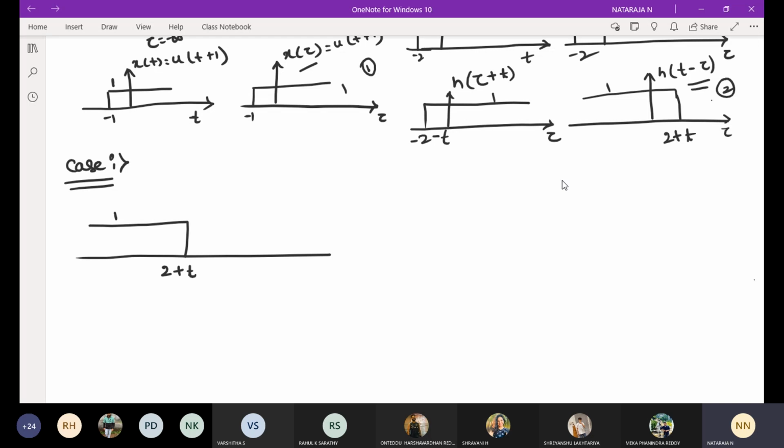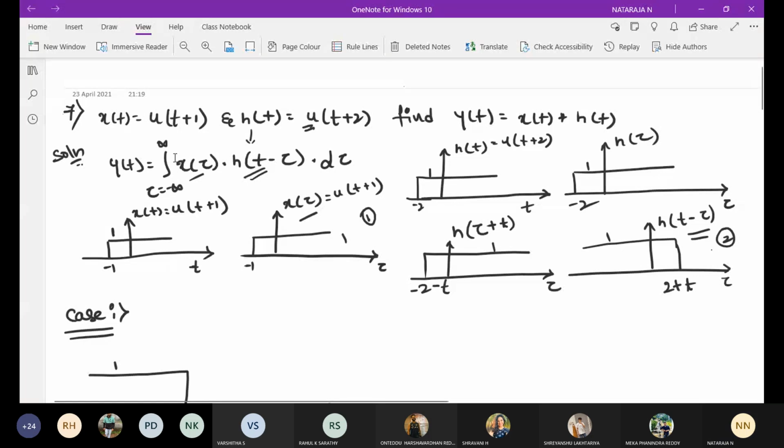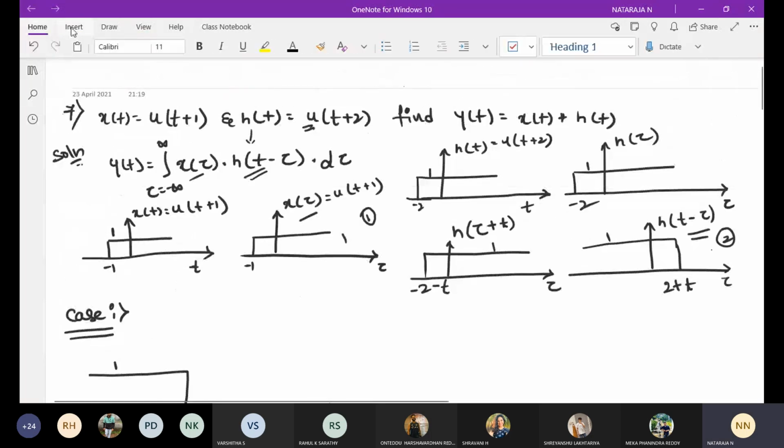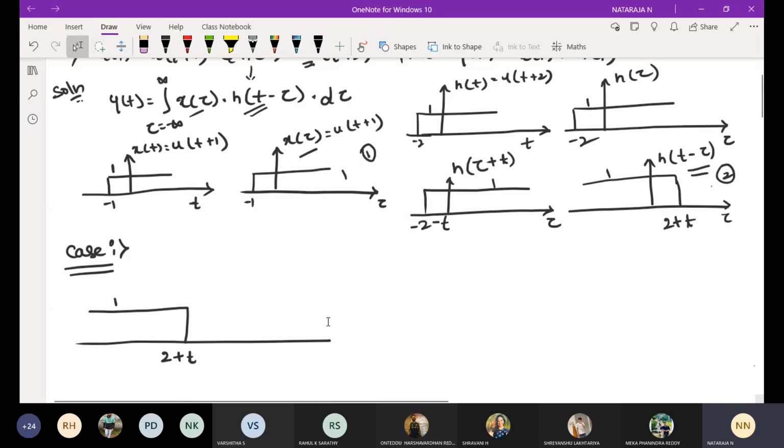Then I will take x of t. I will use different colors to avoid confusion. This will be amplitude 1. The signal starts at minus 1. Okay, this is my h of t minus tau.